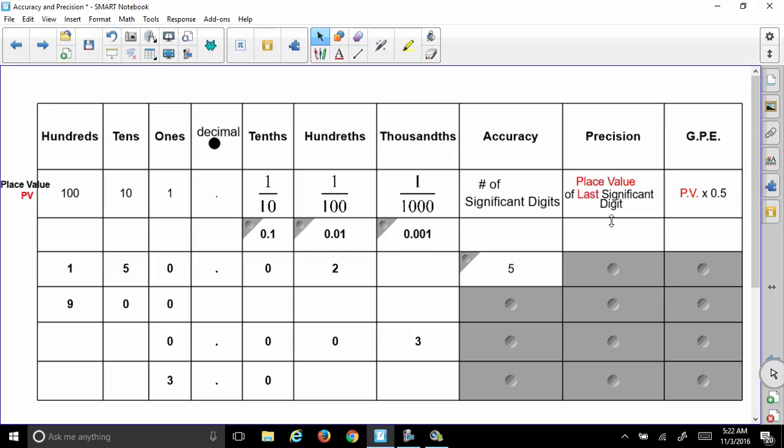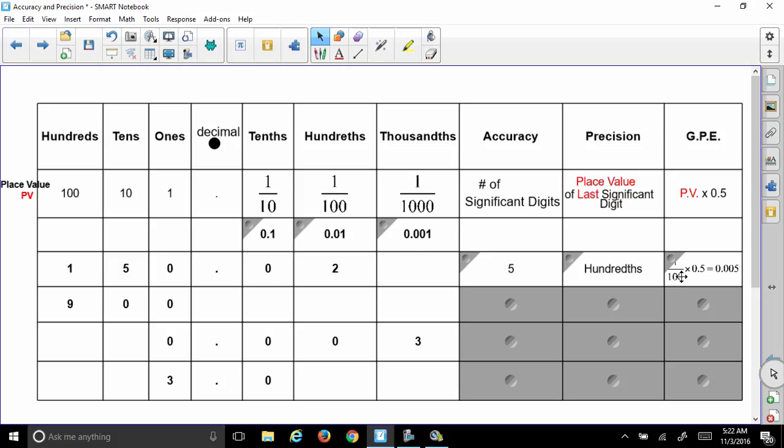Now for precision, it's the last place value. So if we go to the last number in 150.02, the place value is hundredths. The 2 is in the hundredths column, so the precision would be hundredths. So now we're going to take the hundredths column, which is 1 over 100 or 0.01, and multiply it by 0.5.